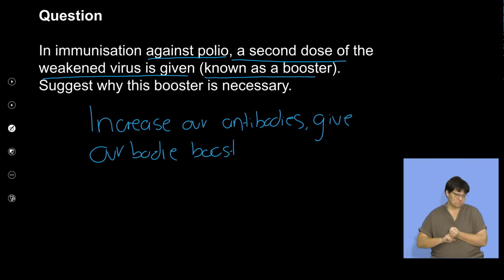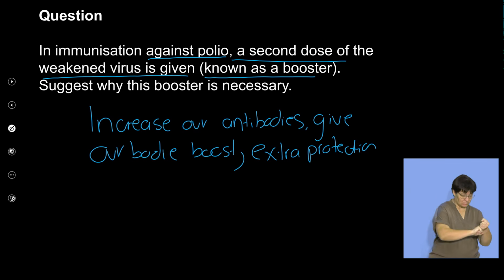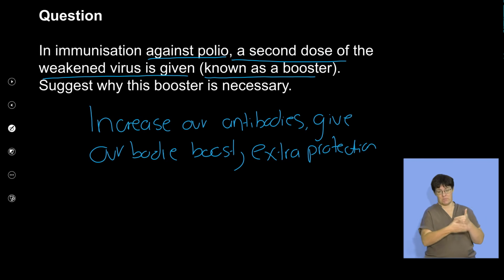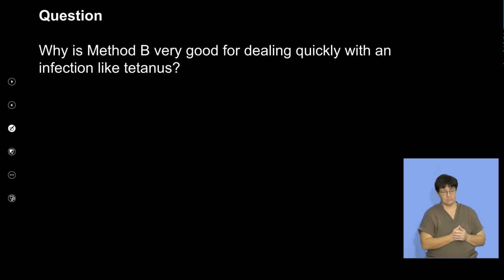A boost means extra protection. Maybe as I get older, the antibodies might not be enough, so when I get given a booster, it just helps with the protection. When we talk about the COVID vaccine, some of them need boosters. The first one helps, but the second one just makes sure that we get that extra protection.